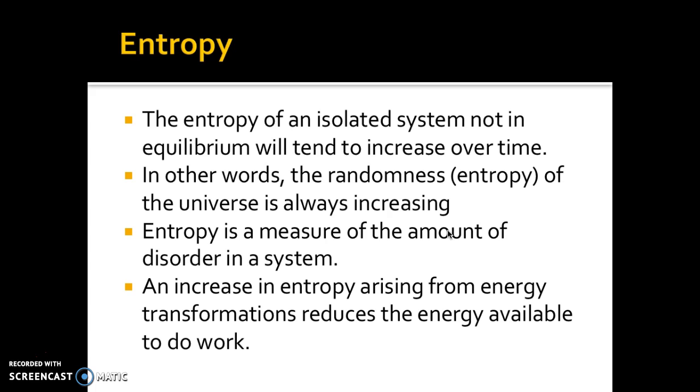So entropy is the term that goes along with this second law of thermodynamics. Entropy describes disorder within a system, also described here as randomness. So the disorder or the randomness within a system is always increasing.